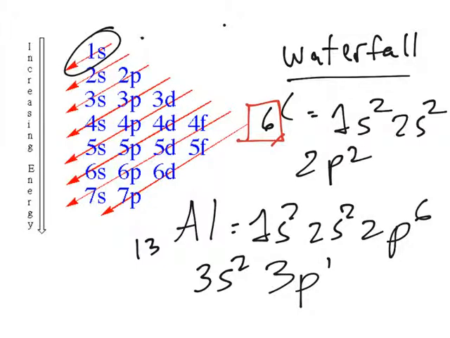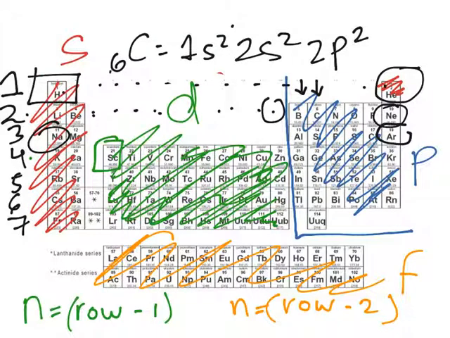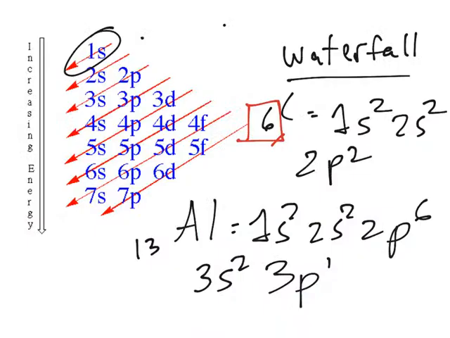So let's check our periodic table. Aluminum is right here. So yeah, it should be 3p1. This is the first electron of the p subshell, and it's on the 3rd row, so it makes sense.